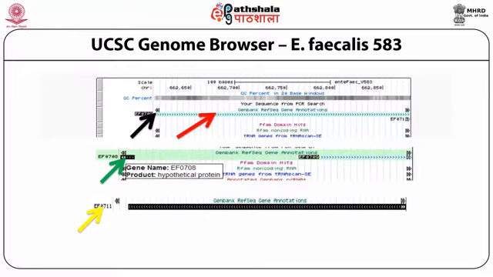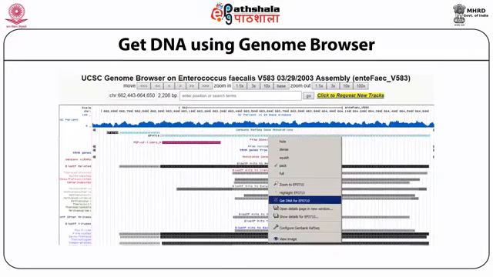Now click the back button of your browser so that the gene EF0710 appears. When you reach the EF0710 gene bar, right click on the cyan colored gene bar to open the context menu as shown in the slide. From the context menu, select Get DNA for EF0710.